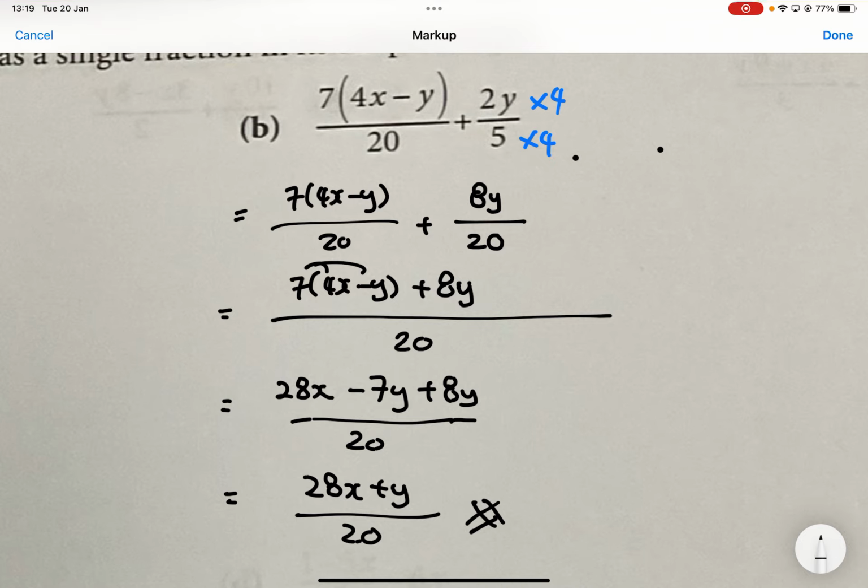Okay, part B, you can check your answer. Okay, you can tell that when it is addition, there is no trick, no trap for you.